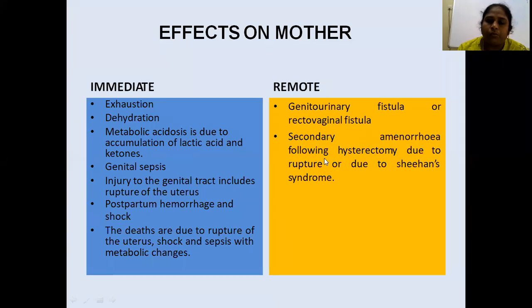This may occur if the obstructed labor leads to rupture of the uterus, which may lead to hysterectomy, and that causes secondary amenorrhea. This is also called surgical amenorrhea. Sometimes Sheehan syndrome, that is postpartum pituitary necrosis, leads to secondary amenorrhea.